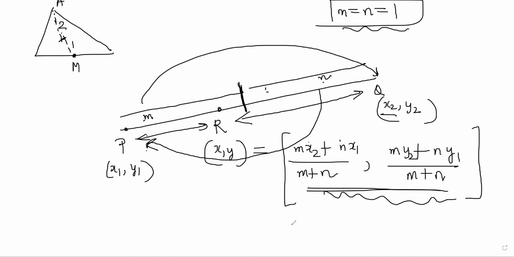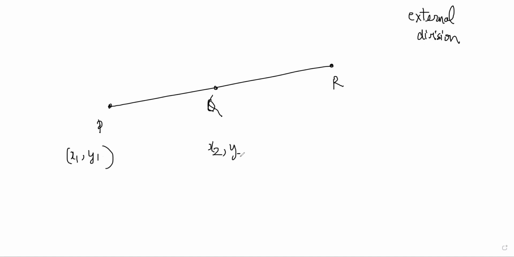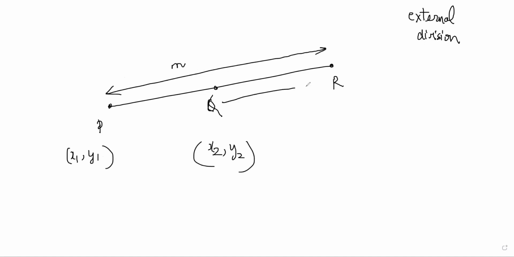Then the next thing is, if I have P and Q, I have to find a point R here. This is called external division. What we know right now is P is x1, y1, and Q is x2, y2, and PR is equal to M and QR is equal to N. So now you have to find x, y.